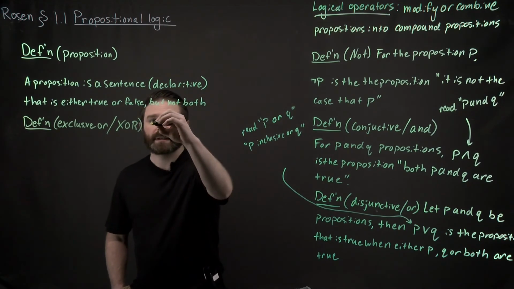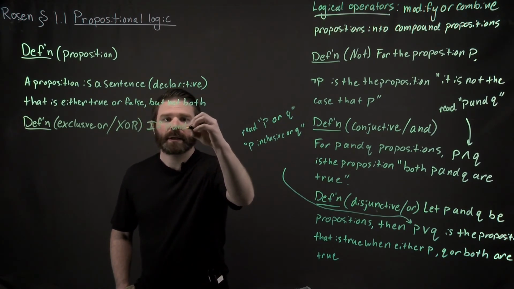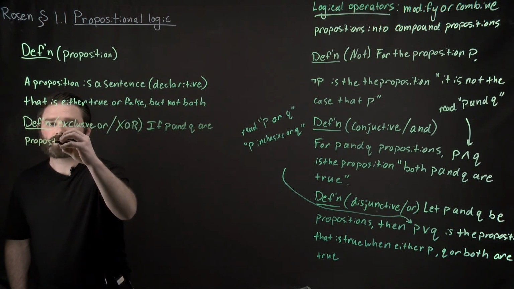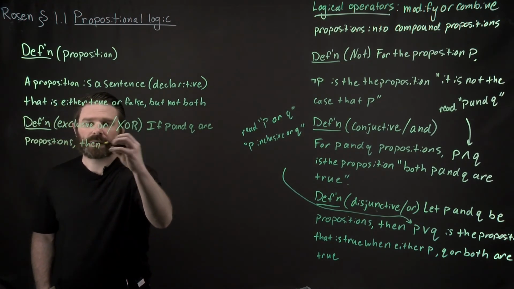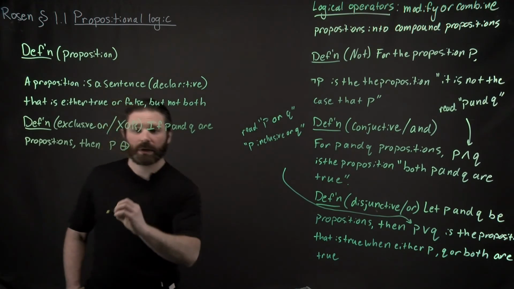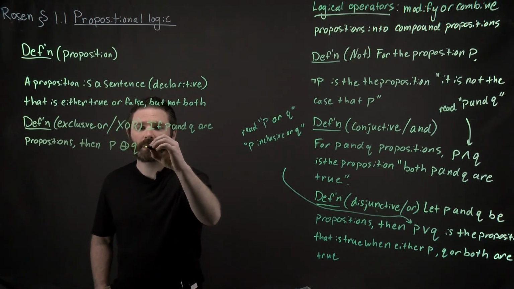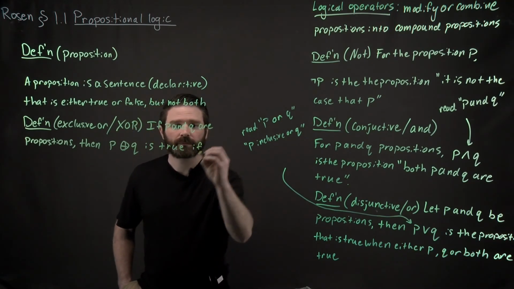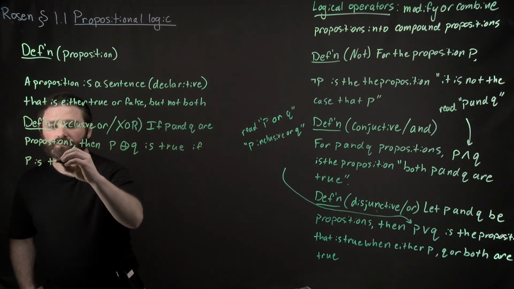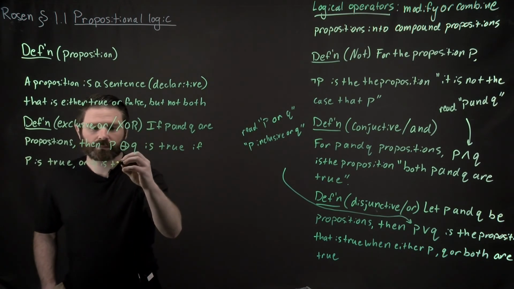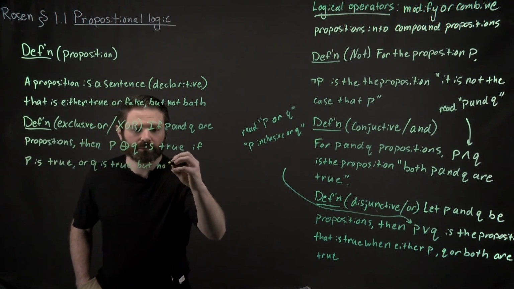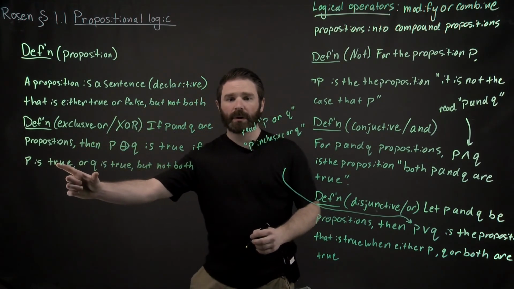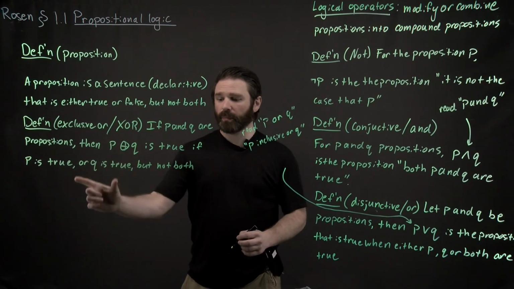So the definition of this is if P and Q are propositions, then P XOR Q is true if P is true or Q is true, but not both.